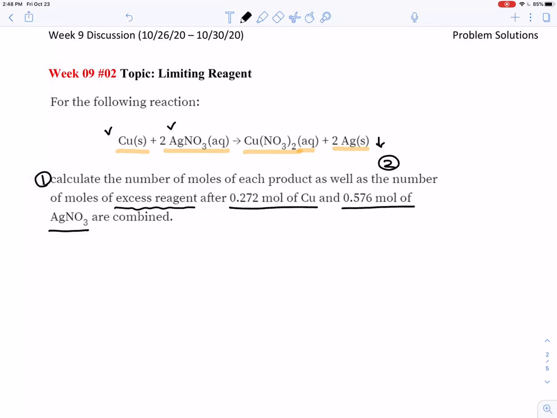Okay, so first start with figuring out the limiting agent.